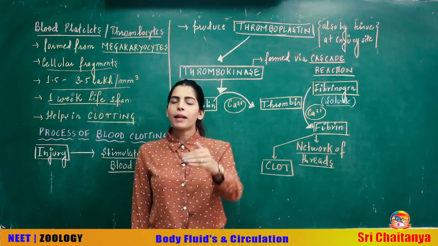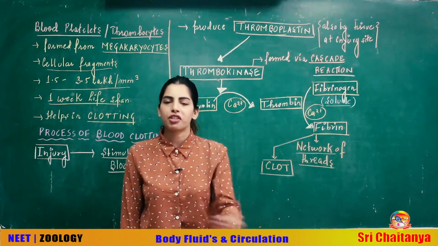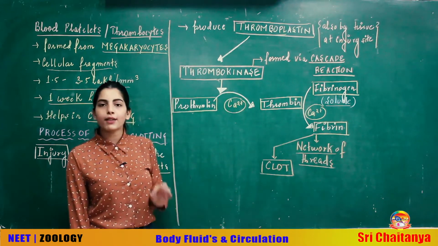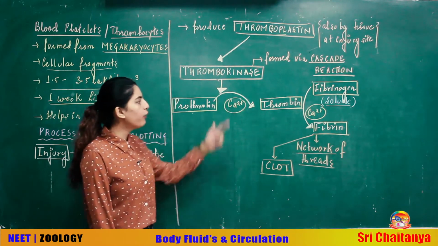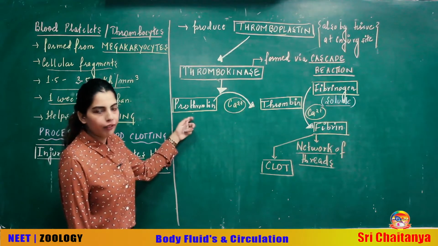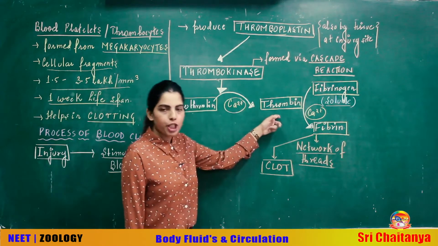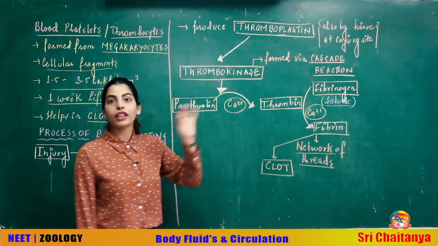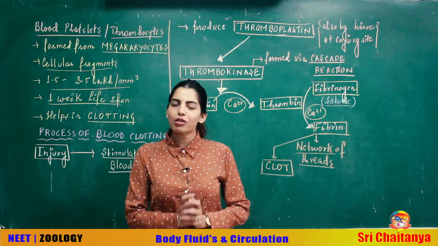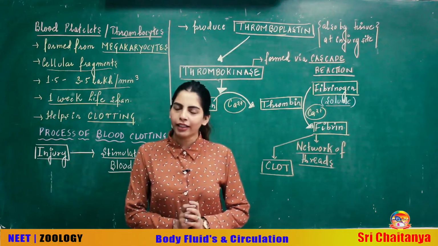It is formed as a result of a cascade of reactions, a series of reactions. Once your thrombokinase is formed, it is responsible for the conversion of inactive prothrombin into active thrombin in the presence of calcium ions. So now you know why calcium ion is also very important for blood clotting.